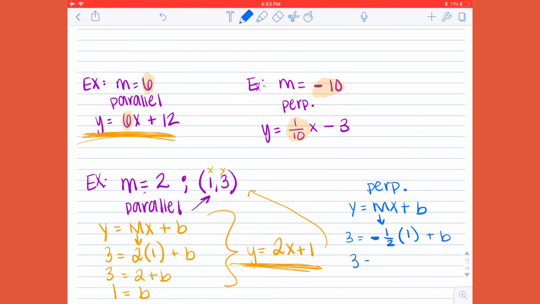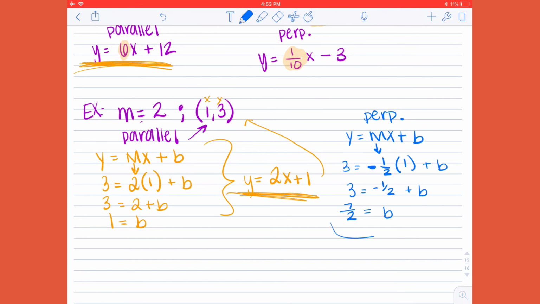And I can go and solve this. And that would be 7/2 is equal to b. And then I could use that information to write an equation. y is equal to negative 1/2 x plus 7/2. And again, that is a more exact solution to this particular problem.